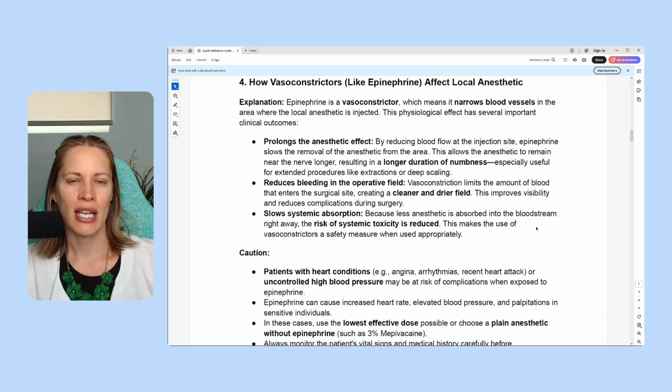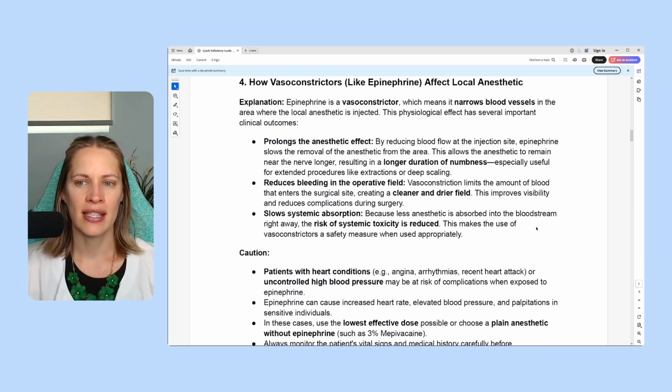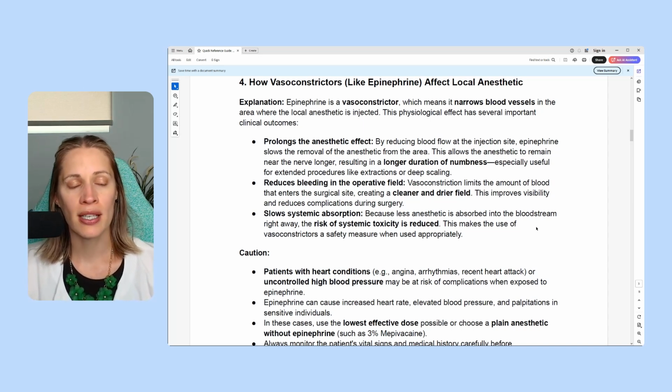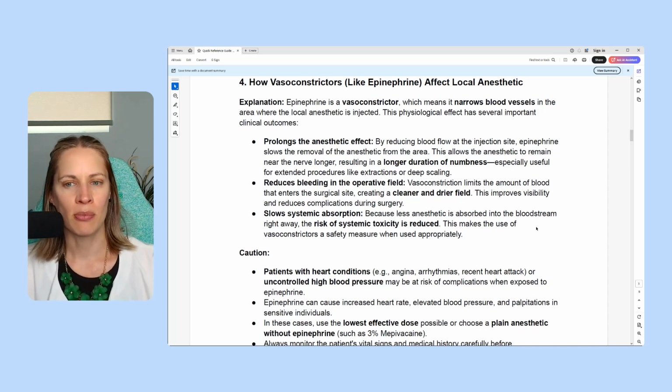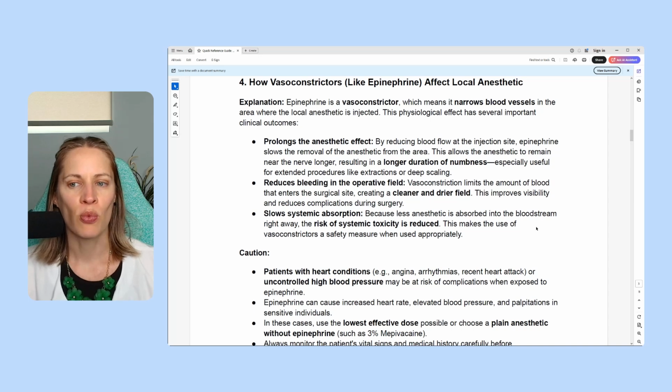But what does this mean? So, epinephrine is a vasoconstrictor, which narrows the blood vessels in the area where that site is injected. So, this is important because it makes the anesthetic last longer, not just 5 minutes, but it lasts longer so we're able to do the work. But it also reduces the bleeding, which I talked about, and it slows systemic absorption, which is important.